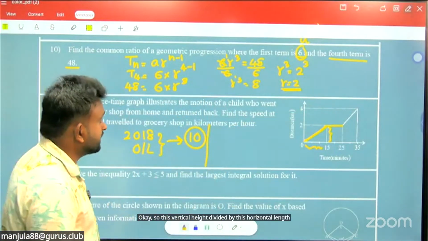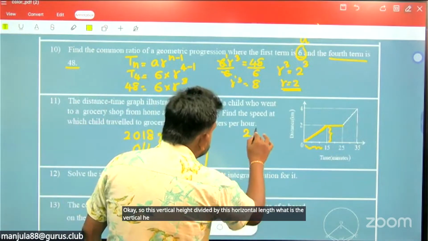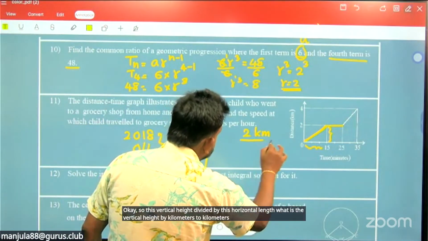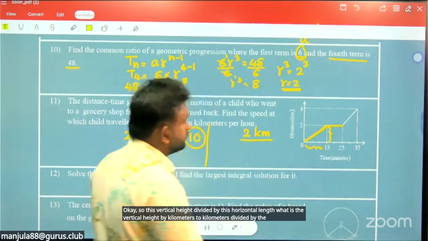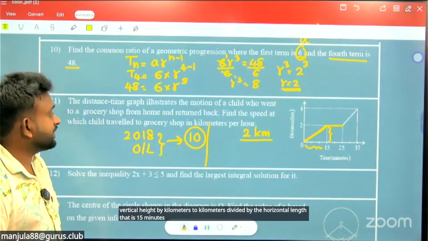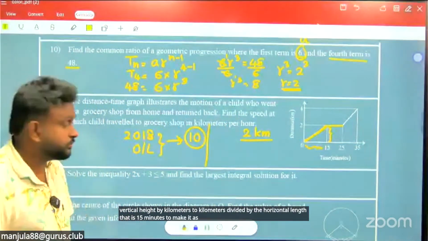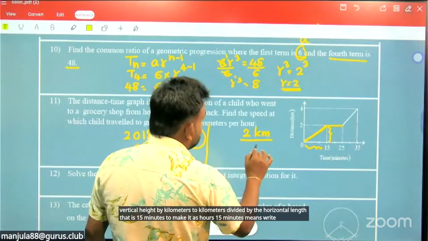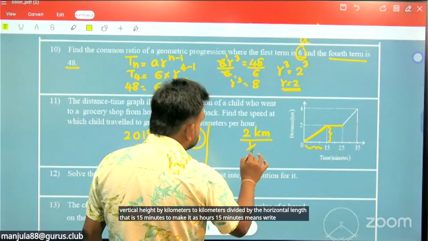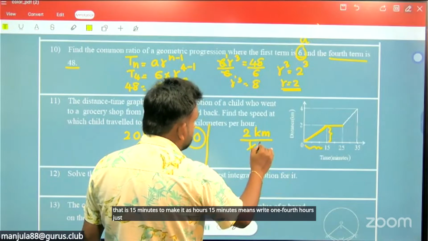The vertical height is 2 kilometers, divided by the horizontal length, 15 minutes. To make it hours, 15 minutes is 15 divided by 60, that is 1/4 hour.